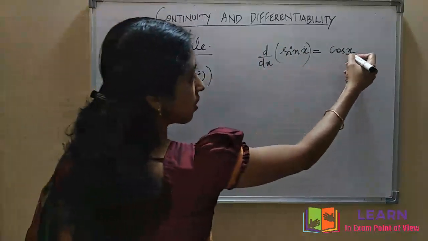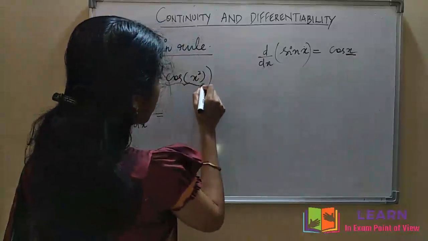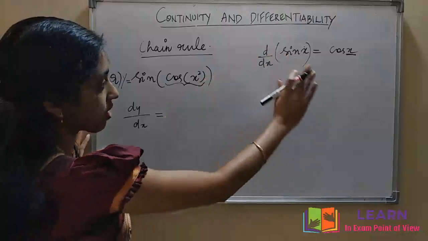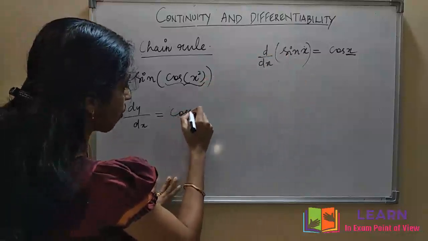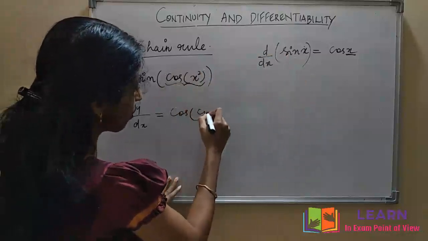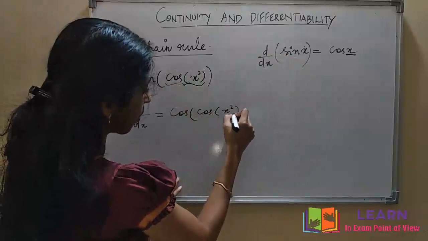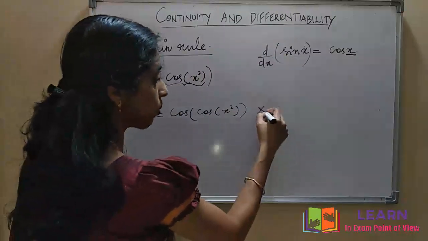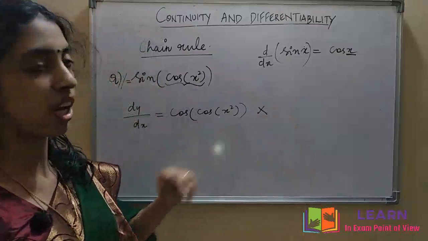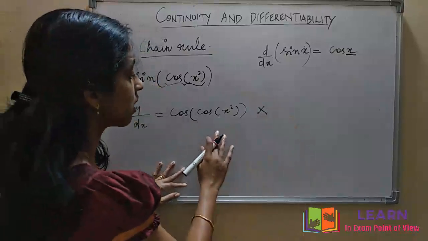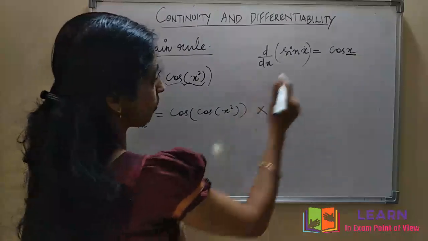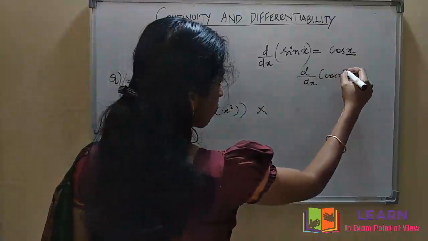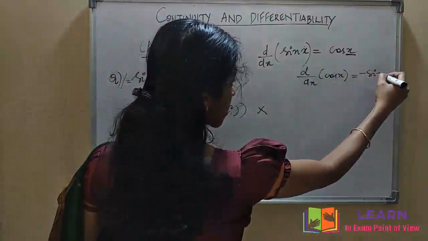In the place of this x, substitute everything in the bracket. So the derivative of sine x means cos x, that is cos of, in the place of x, everything in the bracket. First step over. Then into, inside the bracket we are going to find the derivative of cos of x square. We know d by dx of cos x is minus sin x.